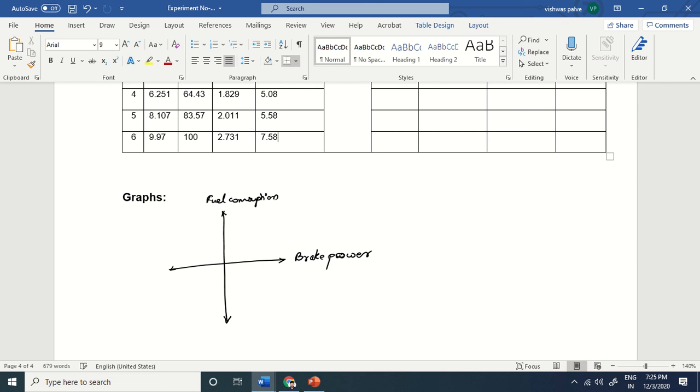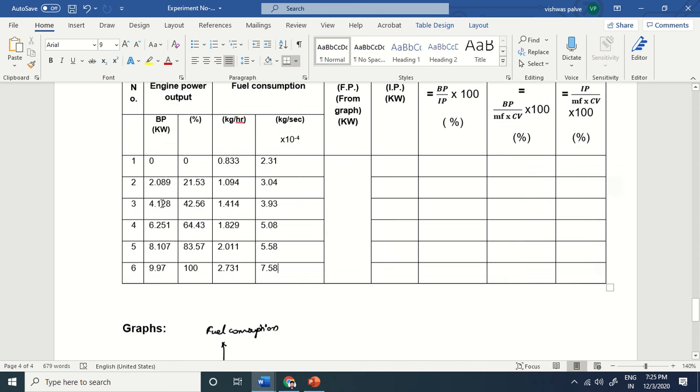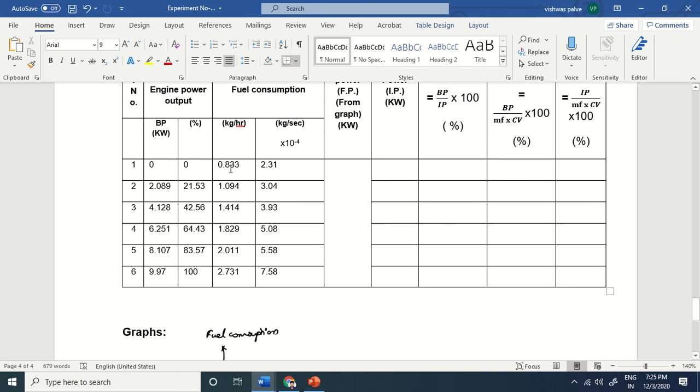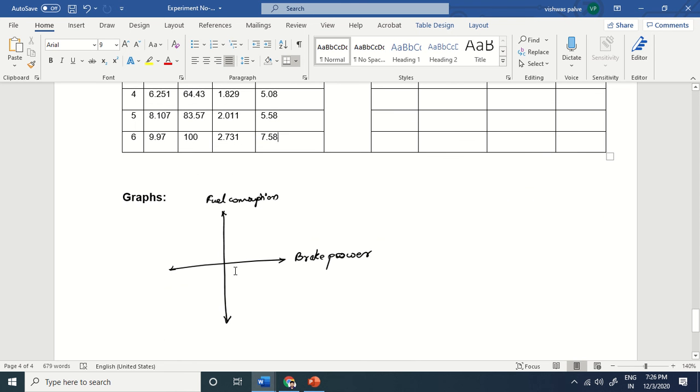Then you have to take these points, the brake power and fuel consumption. You can take the values directly in kg per second, and this is brake power in kilowatt.